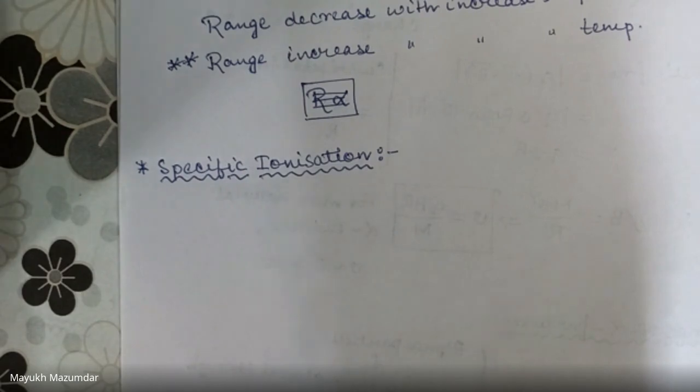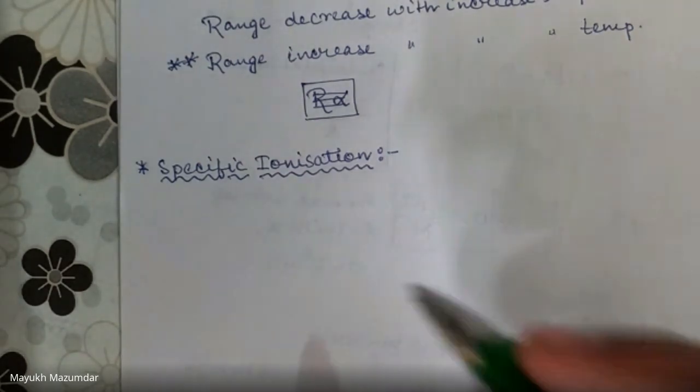So in a gas, this ionization creates ion pairs along the path of the alpha particle. The number of ion pairs formed per unit path length at any point along the path of the alpha particle is called the specific ionization.